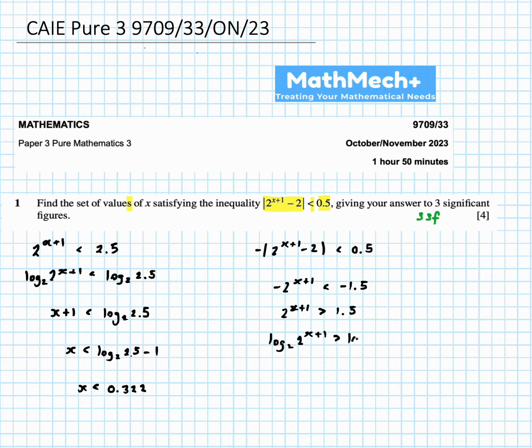Positive signs. Again, like the last question, exact same thing happening here. So just be careful with the sign change there. So x is greater than minus number here. We have log base 2 1.5 minus 1.